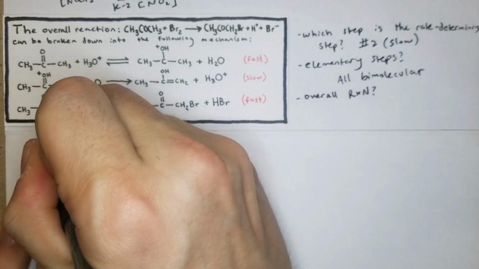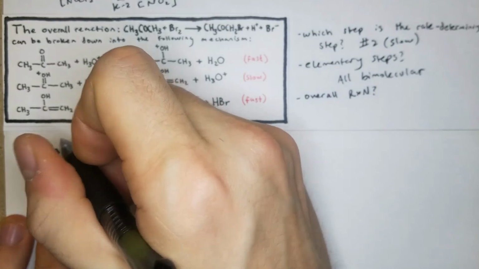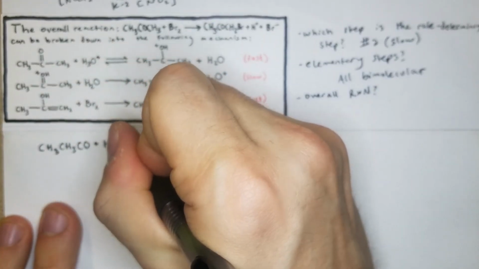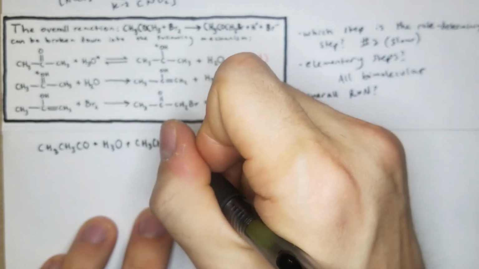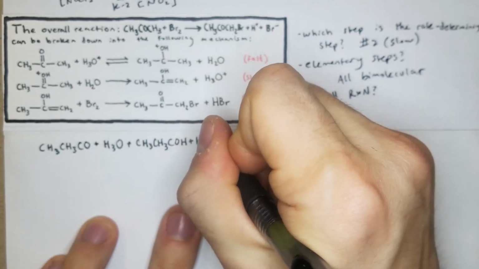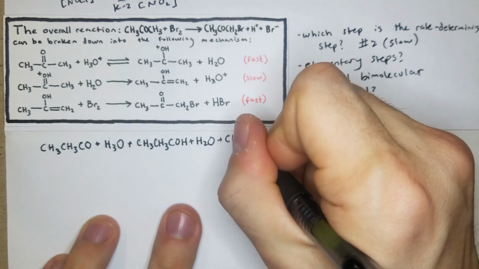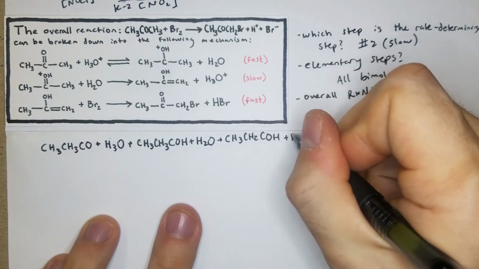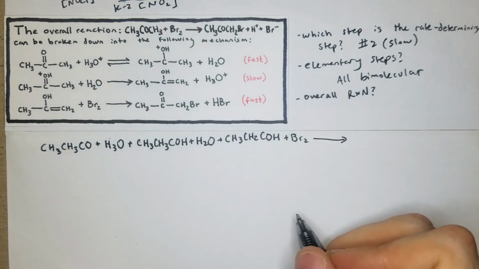I think it's much simpler if you just write it out as the formulas. So that's quite a lot of reactants there.